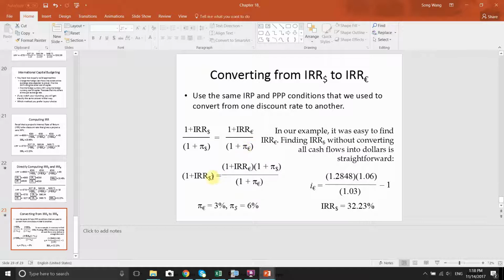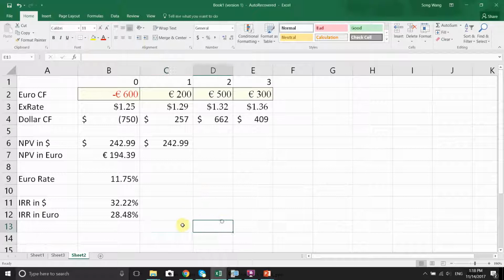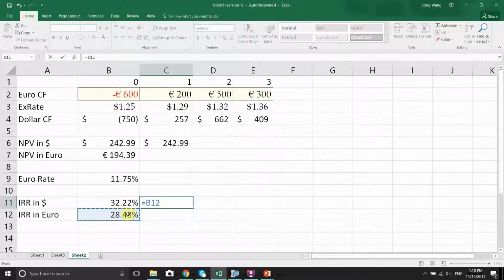If you want to solve for the dollar return, you should take the euro return divided by euro inflation, then multiplied by dollar inflation.